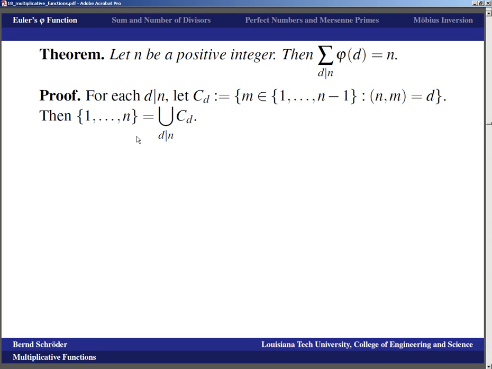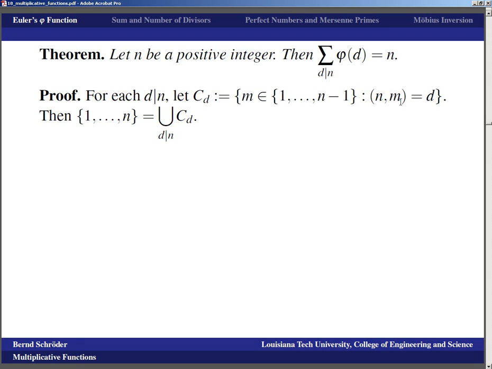And what we know then is that the set of all numbers from 1 through n is the union over all divisors d of n of c sub d. And no set is being used twice because we've got a divisor here, and we're looking at greatest common divisors.